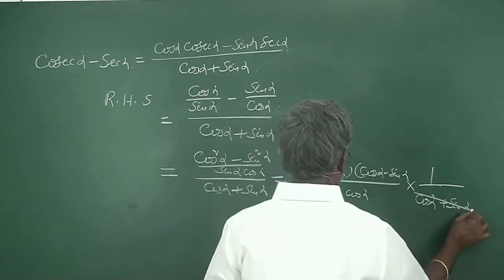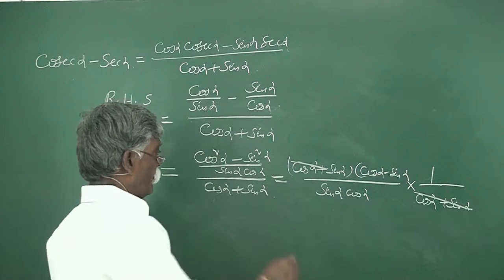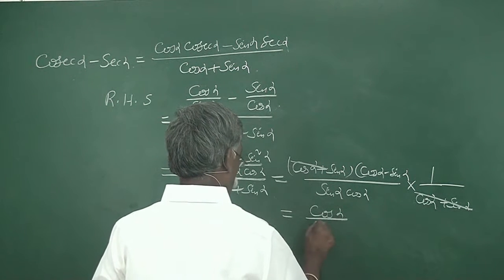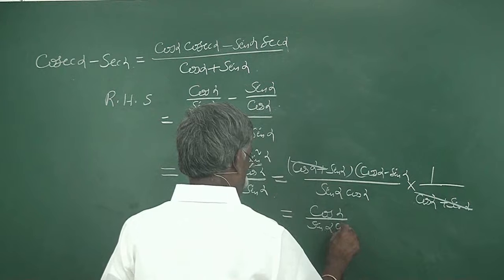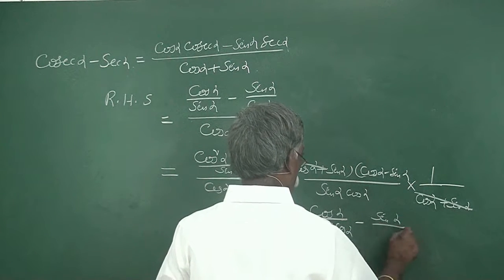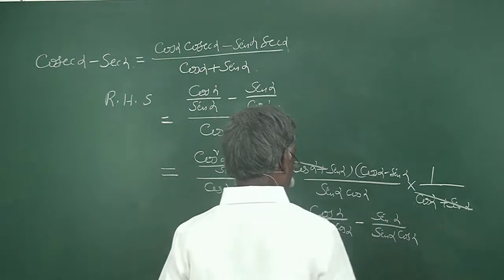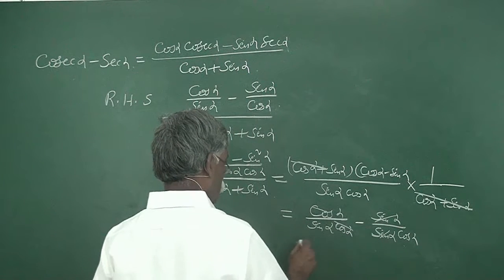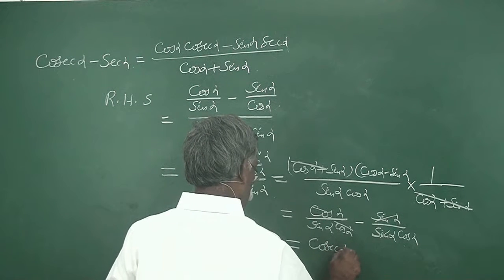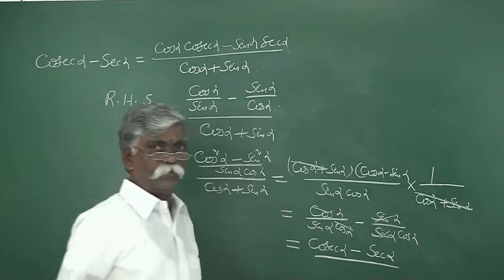Now these two things get cancelled. Now let us split this. This is cos alpha by sin alpha cos alpha minus sin alpha by sin alpha cos alpha. These two get cancelled, these two get cancelled. 1 by sin alpha is cosecant alpha, and 1 by cos alpha is secant alpha.